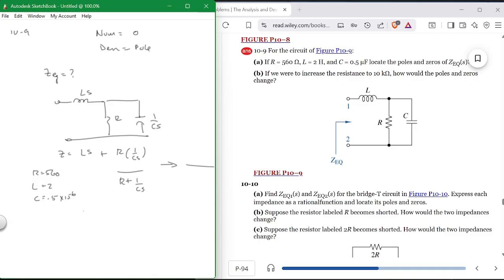So here is 2S plus 560 over 0.5 times 10 to the minus 6th S, all over 560 plus 1 over 0.5 times 10 to the minus 6th S. So how do you get this into one thing?